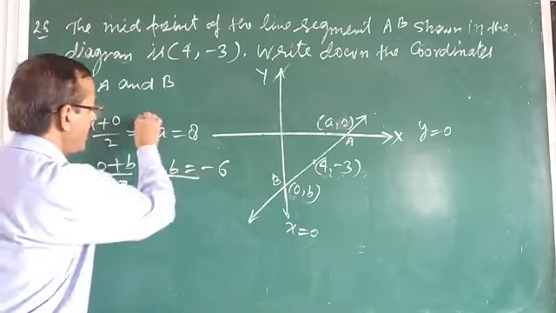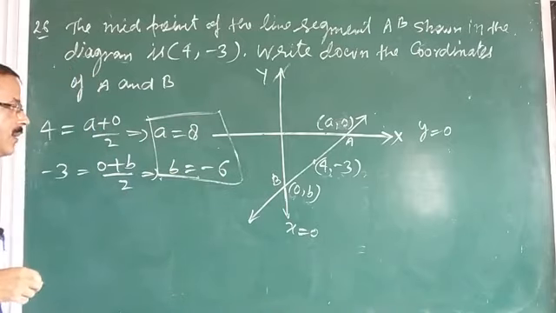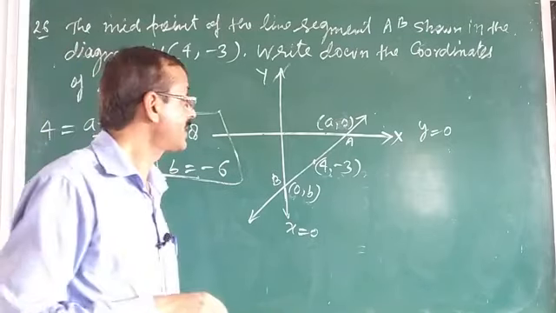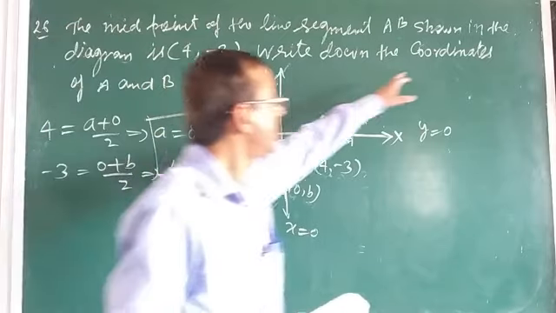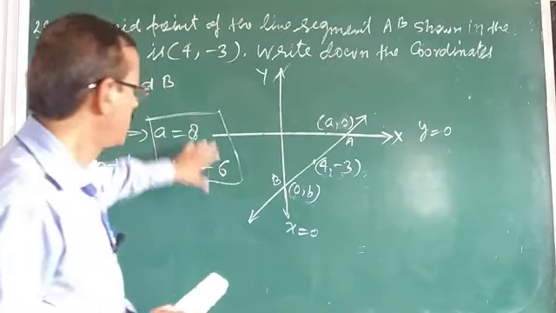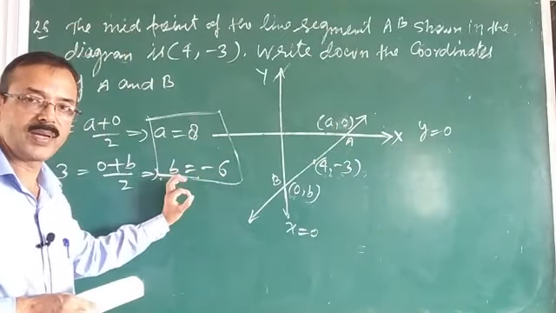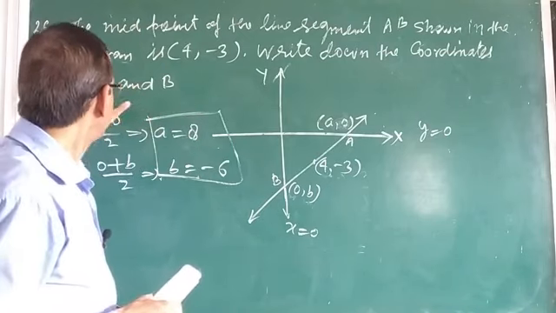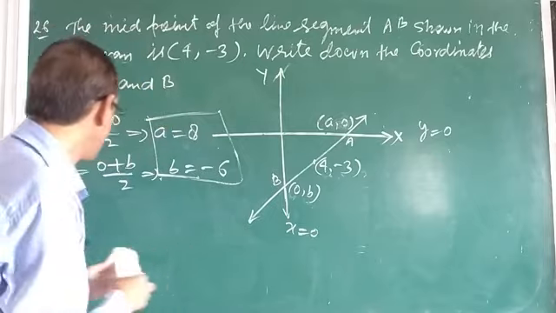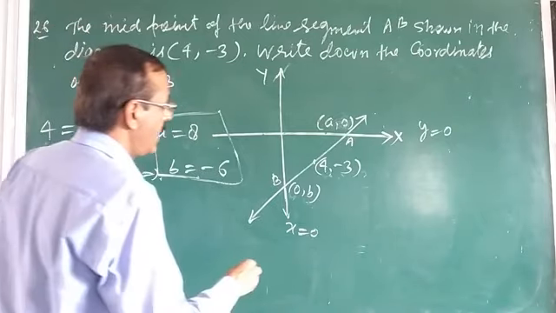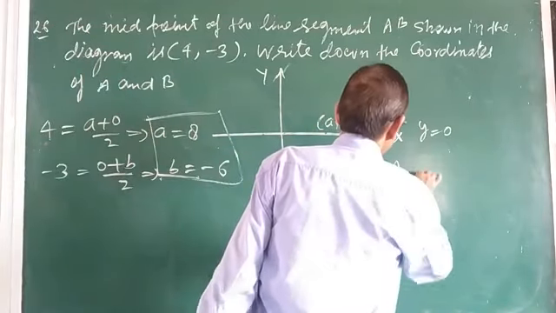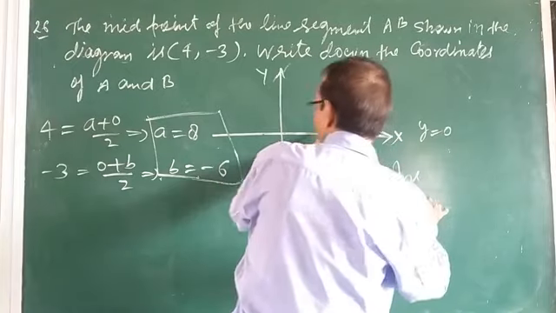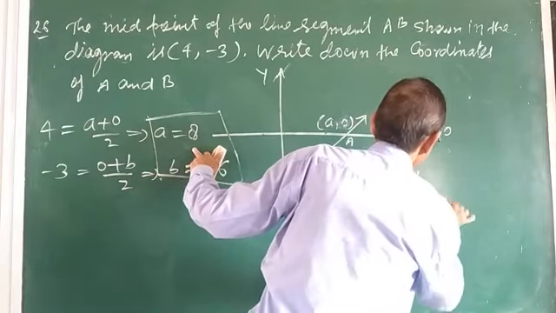So we found two values, the a value and the b value. But the question asks to write what? Coordinates. If you write only this much, you will not get full marks. Marks will be deducted. The final result asks for coordinates, so don't forget about the coordinates. So in the answer, the coordinate of A will be (A, 0), that means (8, 0).